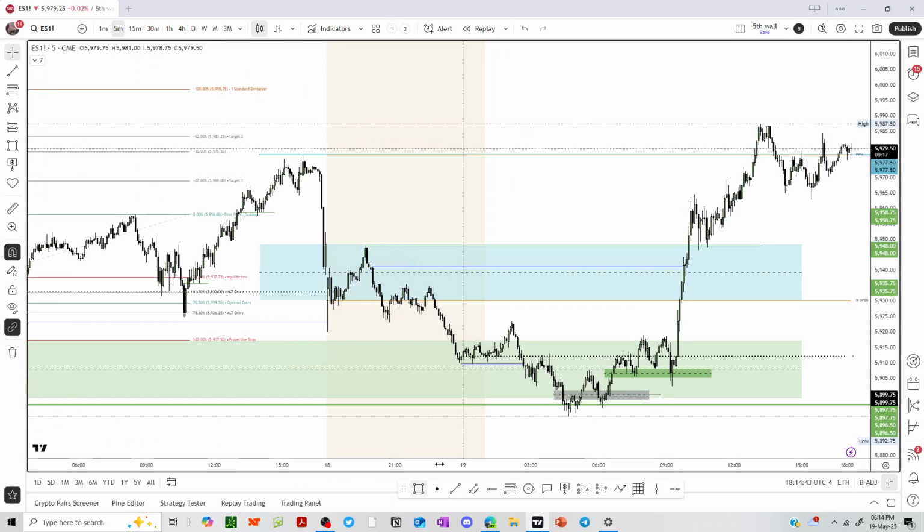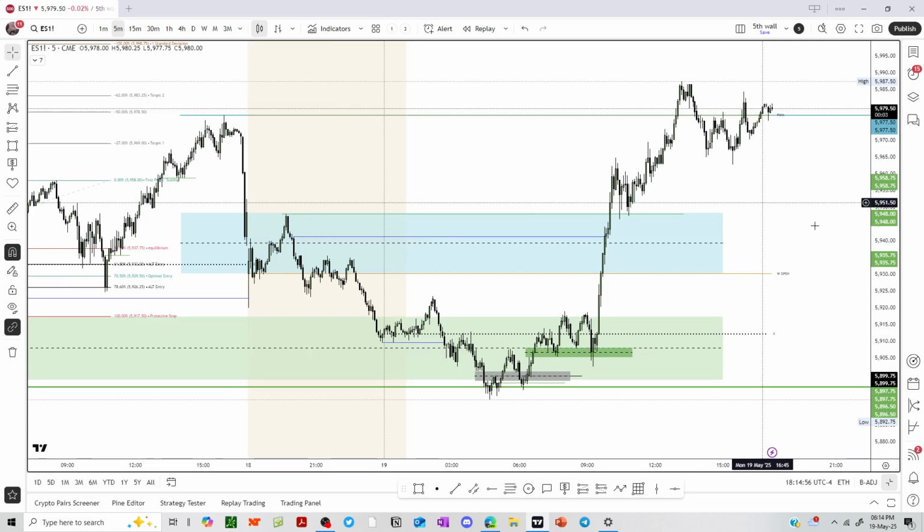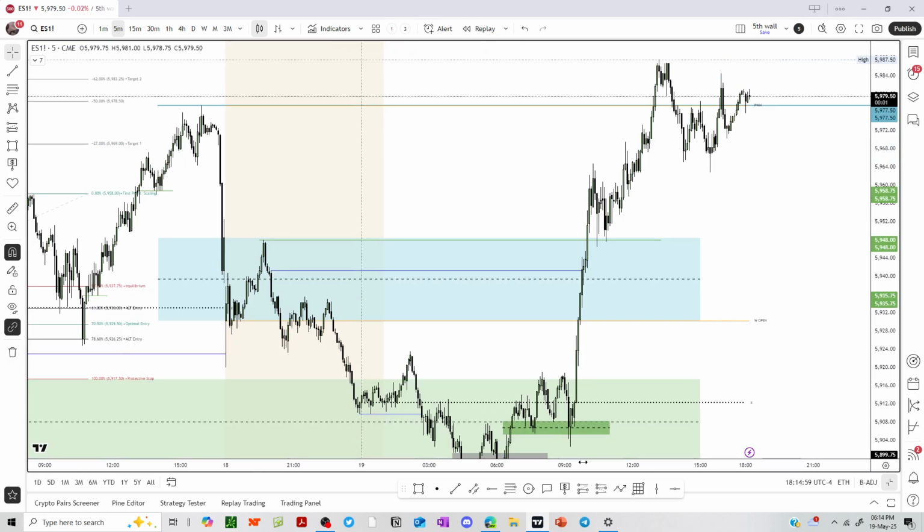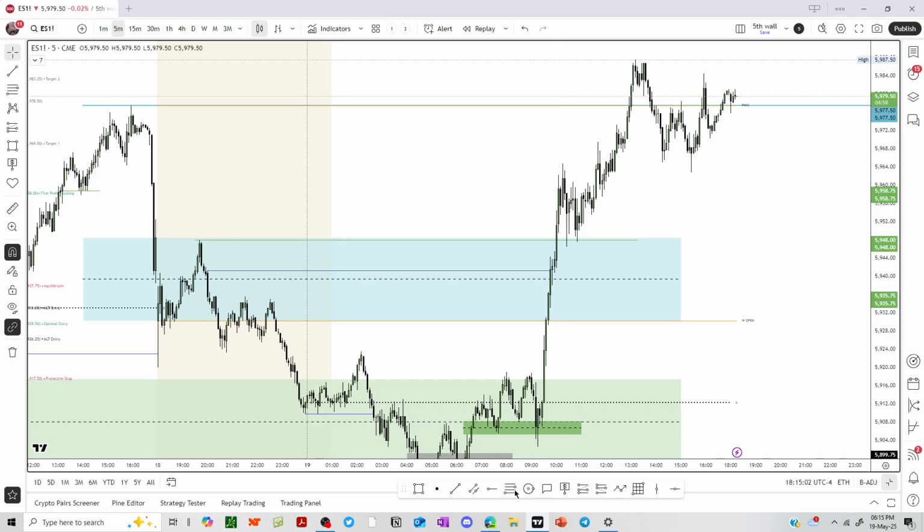And this offers pretty much the same setup on a 15-minute. Yeah, pretty much the same setup. Now here on a 5-minute, you have an opportunity to join in, and for me very easily see an opportunity to continue higher as price holds above this 5-minute fair value gap, after it broke this level.